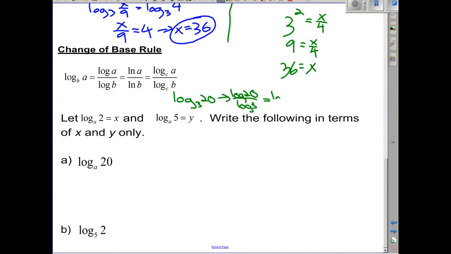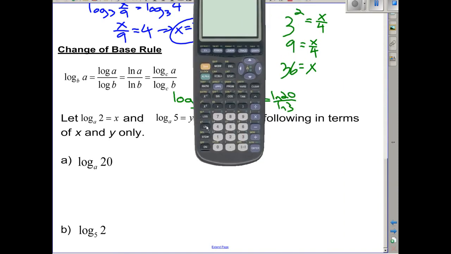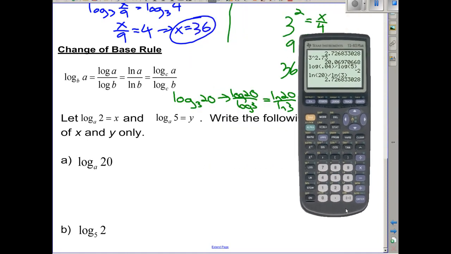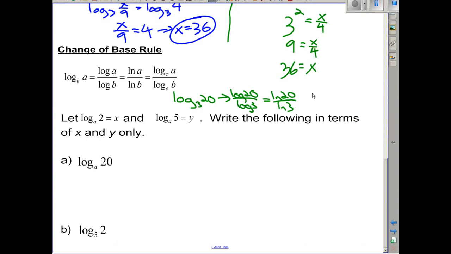Or we should be able to do it as ln 20 over ln 3. I wonder if that works. Ln 20 divided by ln 3. Yep, works just as well. And if your calculator worked in different bases, you could do it in any base.